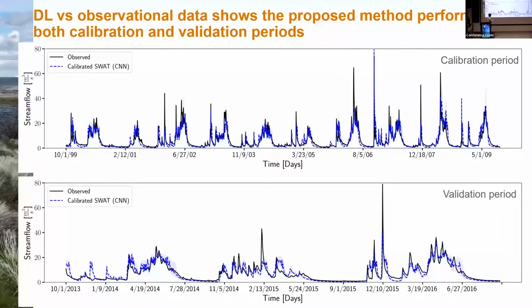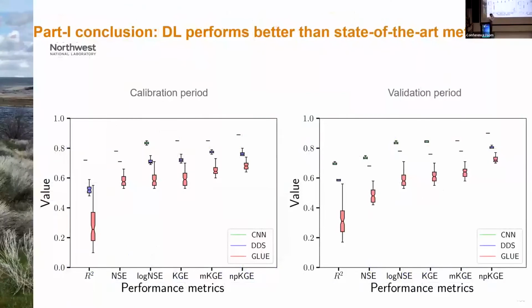Okay, this all is good. Now, how does this AI-enabled methodology compare with existing calibration or inverse modeling algorithms? What I'm showing here is a comparison of the deep neural network, which is a CNN, with the state-of-the-art DDS method, a global optimization parameter estimation method, and another global optimization method called GLUE, which are both available in advanced optimization software tools such as Dakota and PEST.